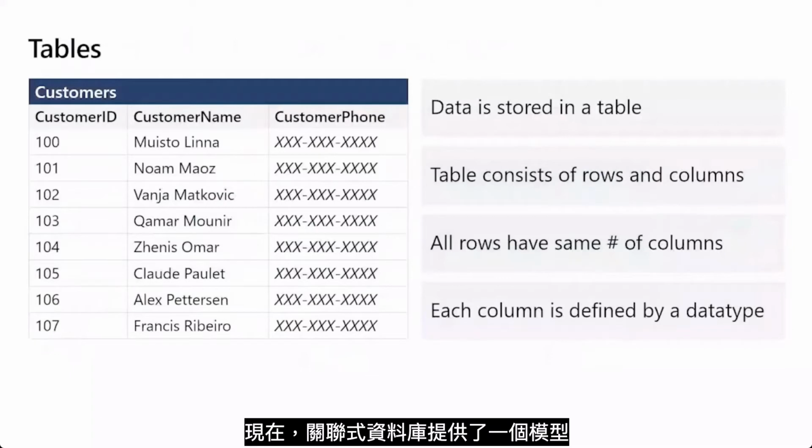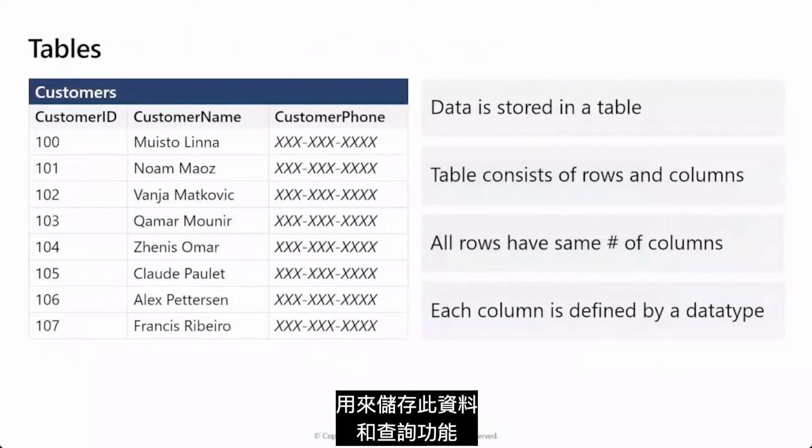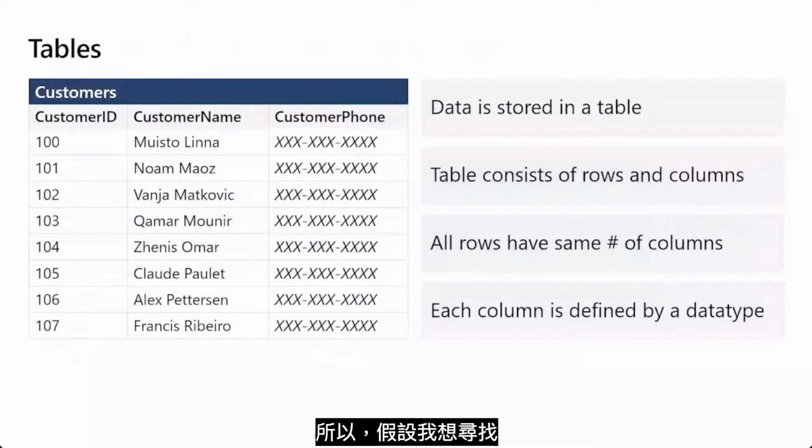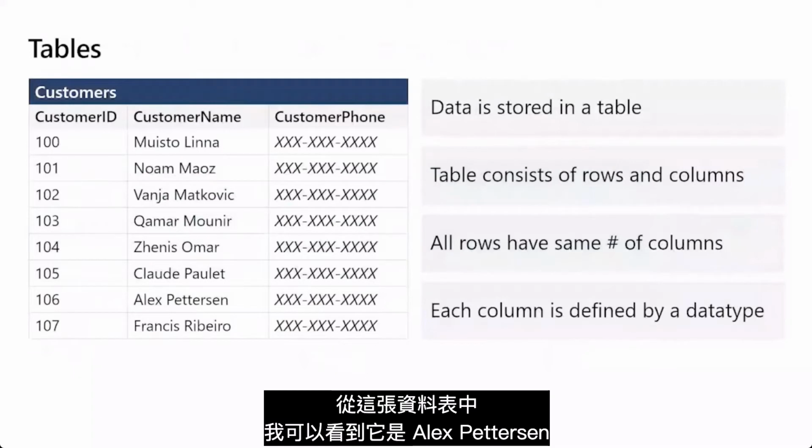Now, a relational database provides a model for storing this data and query capabilities that enable us to retrieve this data very, very quickly. So let's say I wanted to look up customer ID 106 from this table. I can see that it's Alex Peterson.